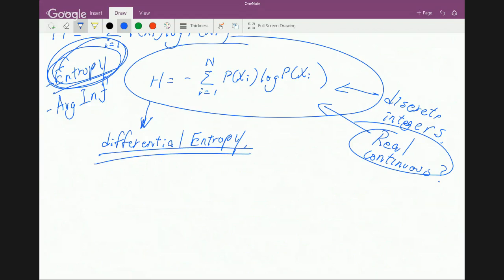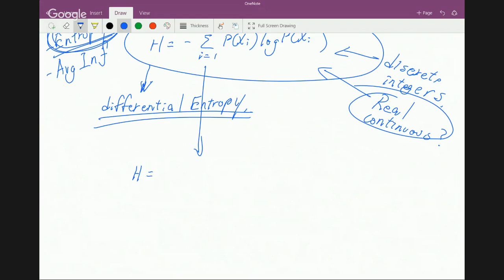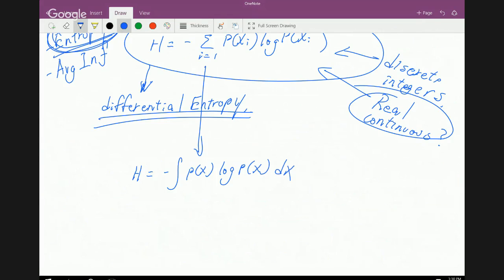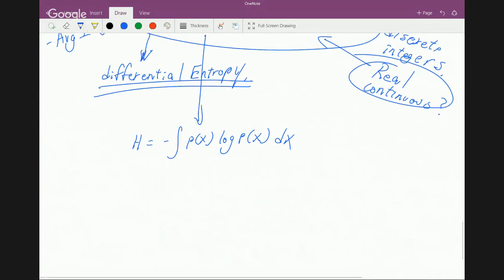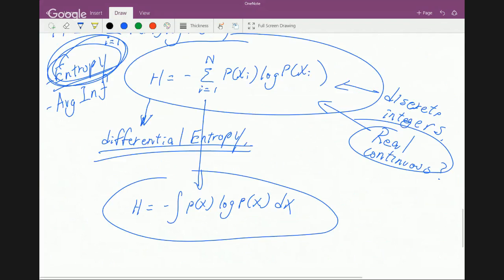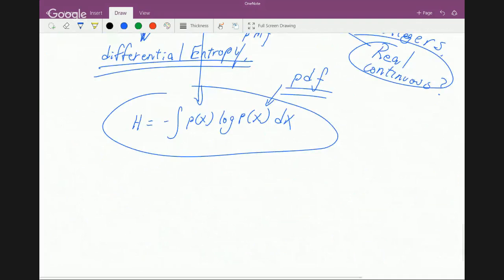All you have to do is change the summation into integration. Minus integral. Now, this also allows you to calculate things with probability density function instead of probability mass function. So this is PMF, and these ones are PDF, probability density function.